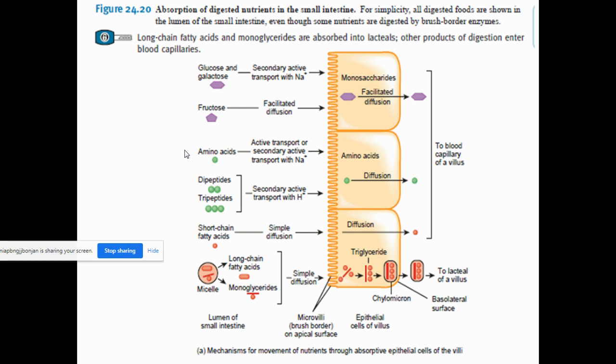The amino acids, dipeptides and proteins are present in the lumen of the digestive system. It is not only coming from the food substances that we eat, but also the enzymes. All the enzymes are made up of proteins. So those enzymes, after their role in digestion, are also present in the chyme along with the digested nutrients.